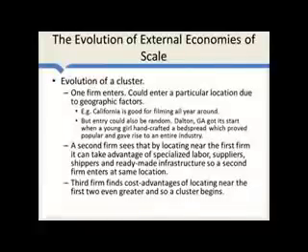Even producing toothbrushes can require a lot of specialized machinery, and it helps for a firm to be located in the Hangzhou area because it can easily find the labor and the expertise that it needs in order to build toothbrushes. So this is how an industry evolves to become a cluster, and when it is clustered, it becomes the lowest cost place to produce these particular types of goods.